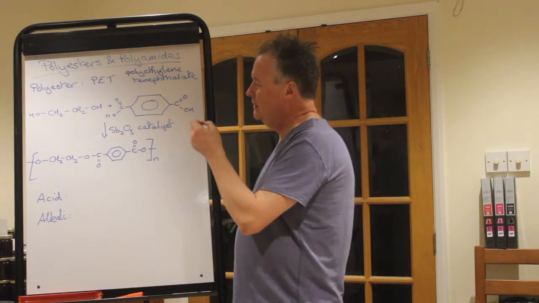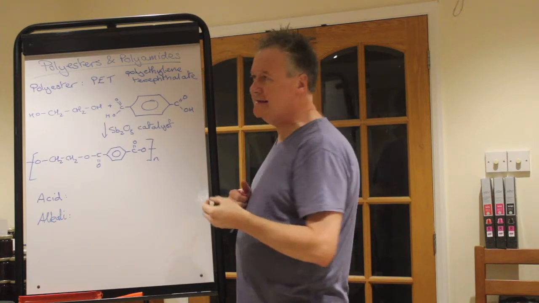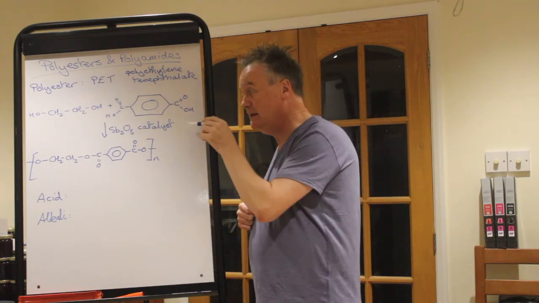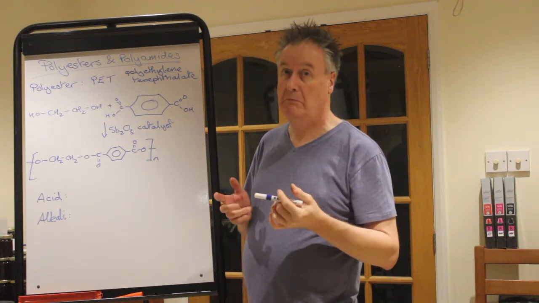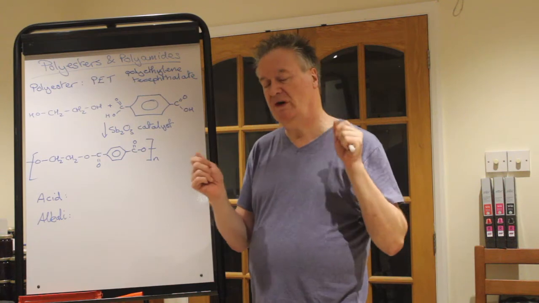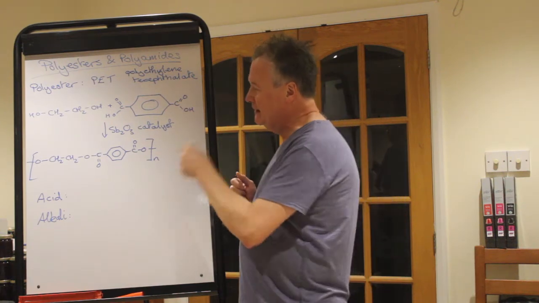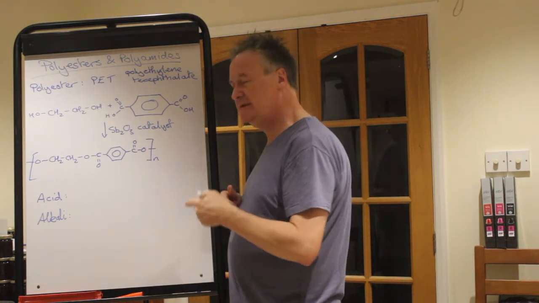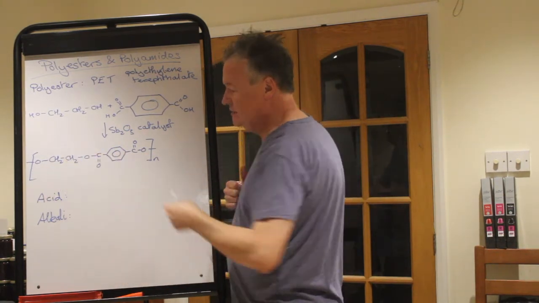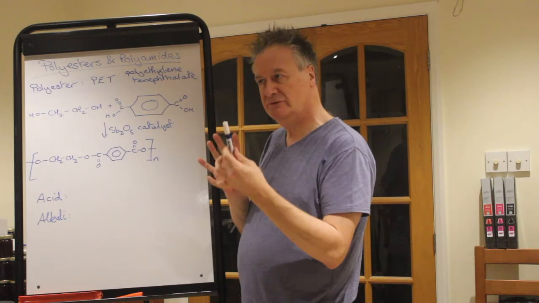So they will react together providing you get a catalyst involved. The catalyst they use is this one here, Sb2O3, antimony oxide. It allows you to get very long chains. And the standard way of representing a polymer, which is the same as at GCSE, is you trap it between square brackets as a repeating unit.